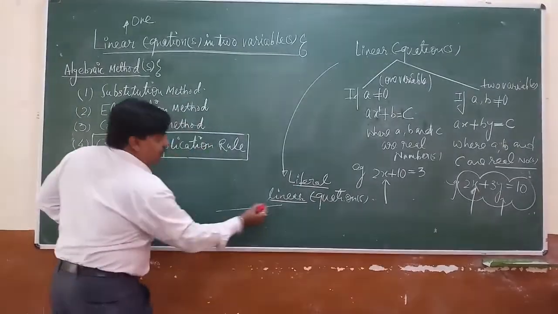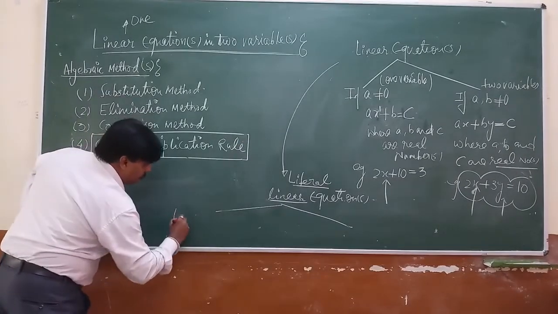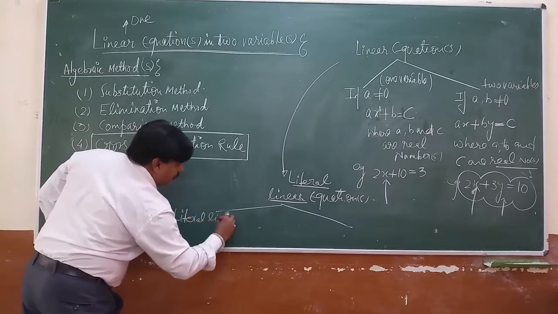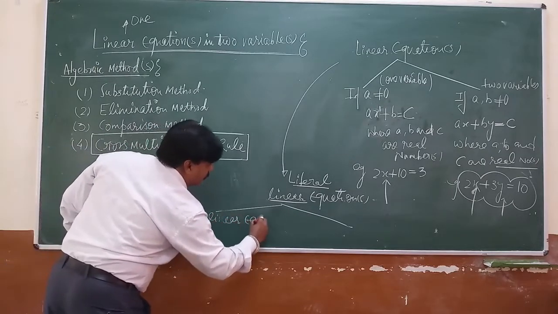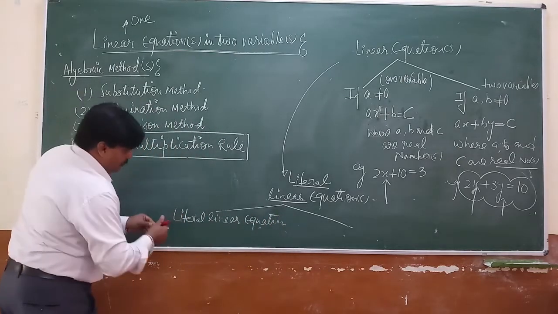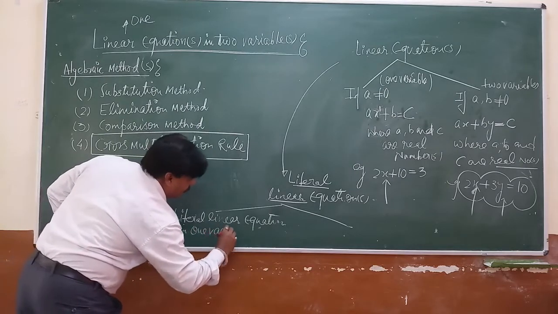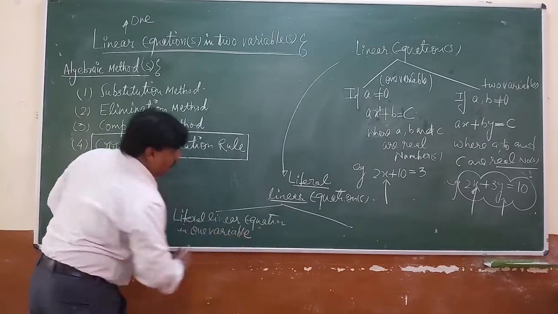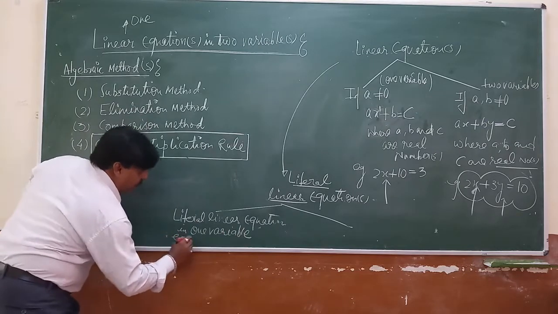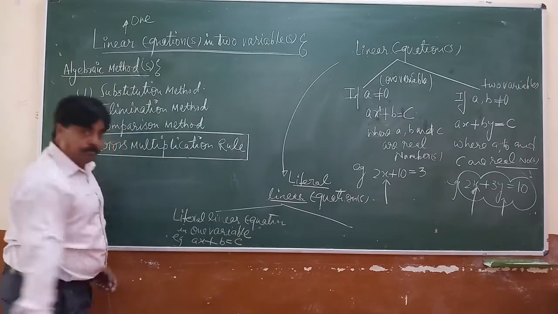In literal linear equations again there are two parts. Literal linear equation in one variable: a literal linear equation which has only one variable, for instance, ax plus b is equal to c.